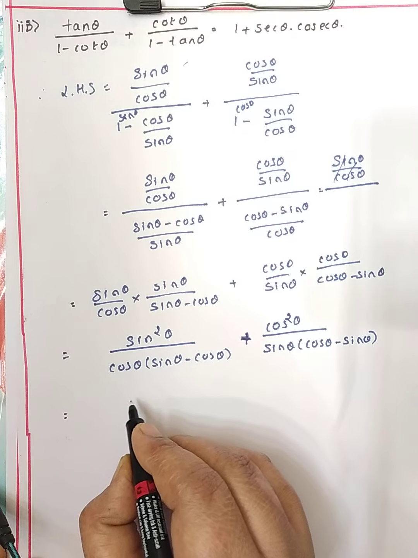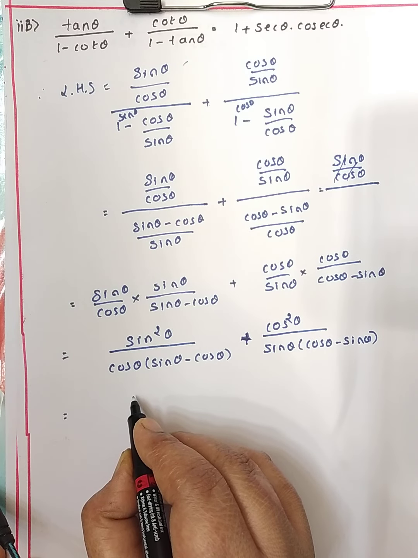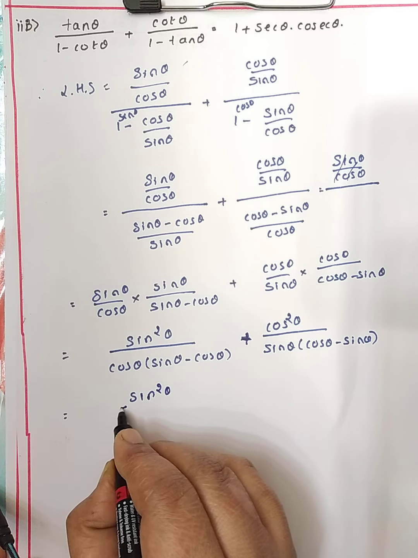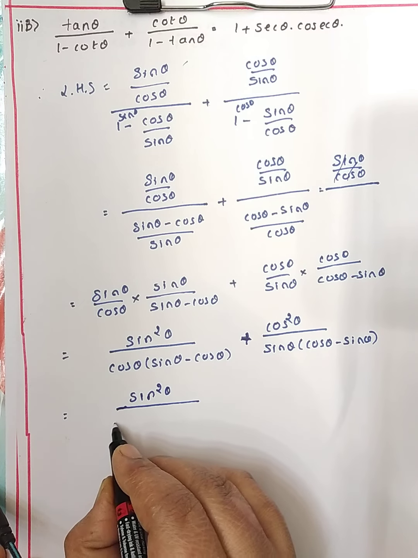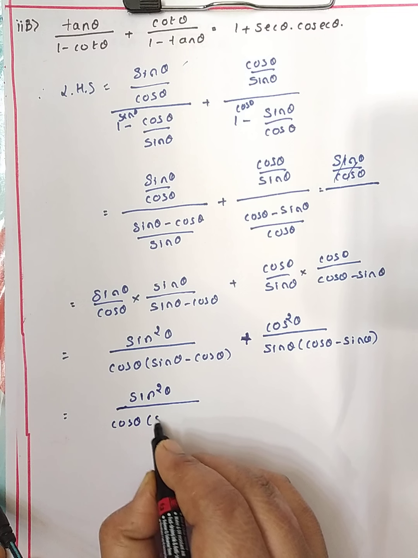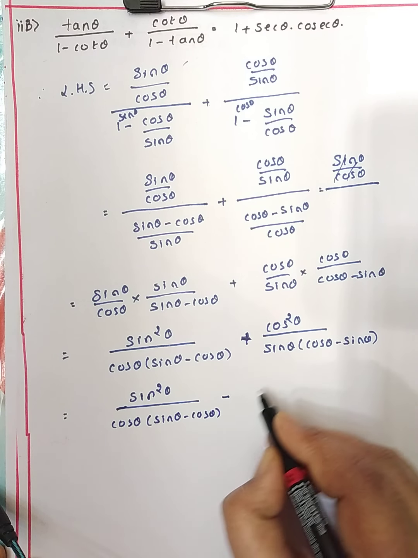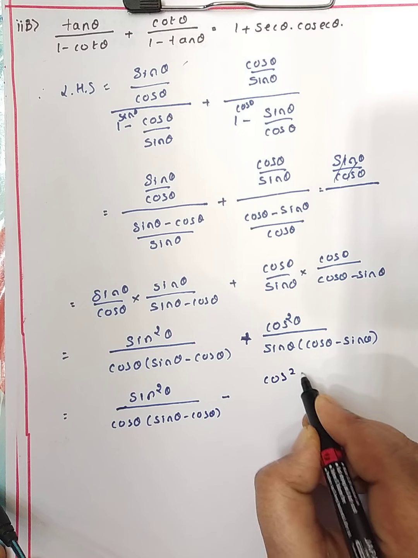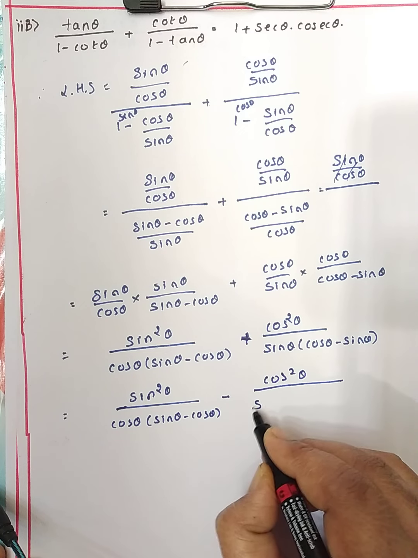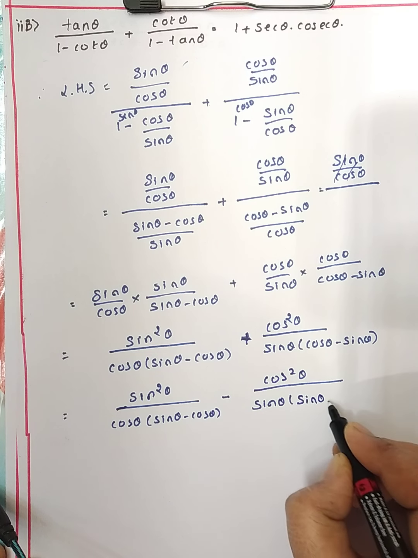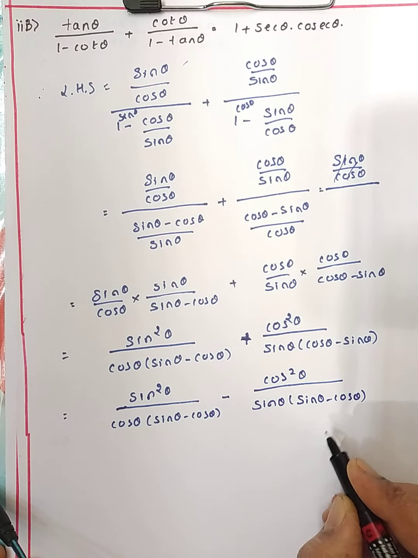That is sin square theta by cos theta into sin theta minus cos theta, minus cos square theta by sin theta into sin theta minus cos theta.